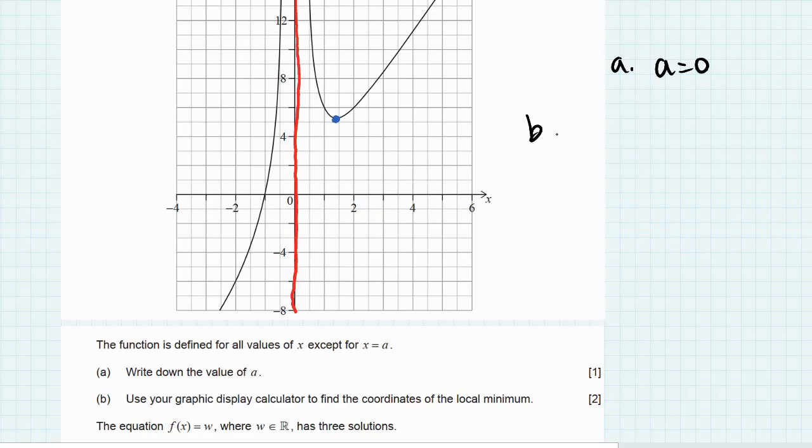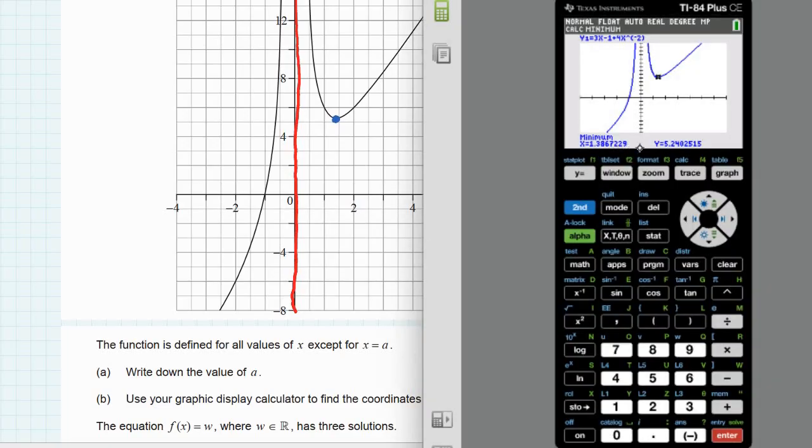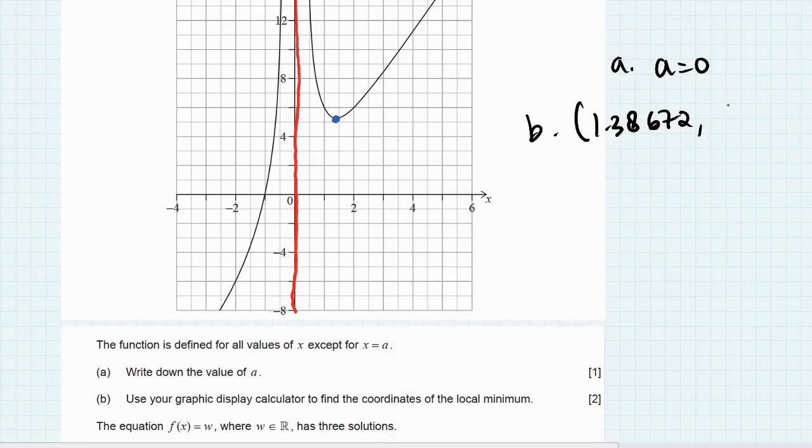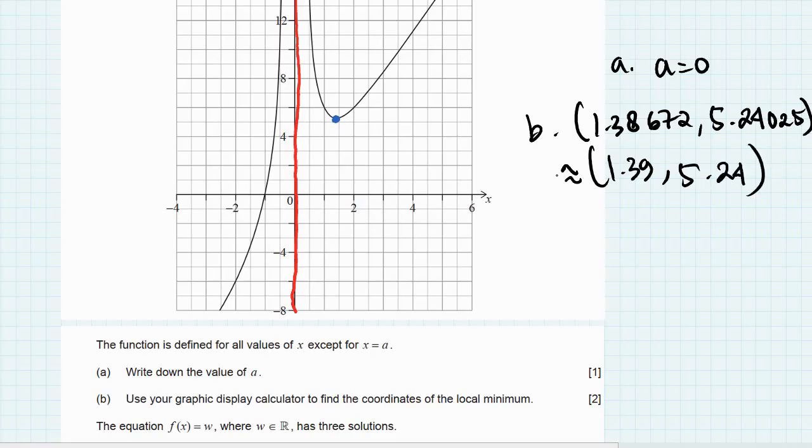So B is 1.3862, comma, 5.24025, or approximately you can write it as 1.39, comma 5.24. Okay, that's question B. This is 2 marks, 1 point for each of these. So 1.39, 1 mark, 5.24, 1 mark.